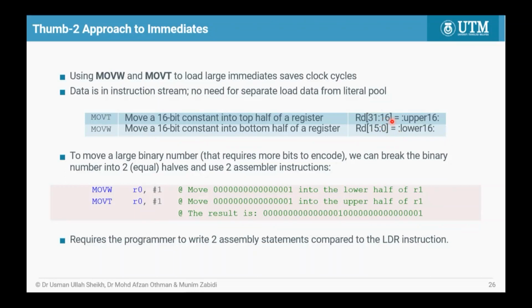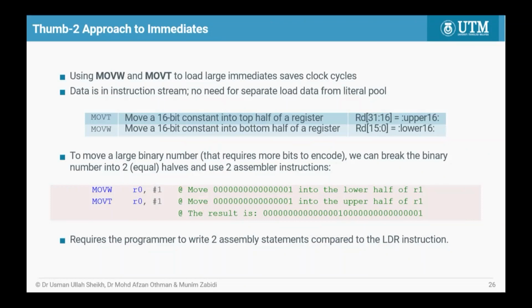In order to move a large binary number, you can break it up by using these instructions. First, MOVW R0, #1: you move this 16-bit value to your R0, and this is for the bottom half of your register. Then MOVT R0, #1: you move another 16-bit number to the top half of this R0.